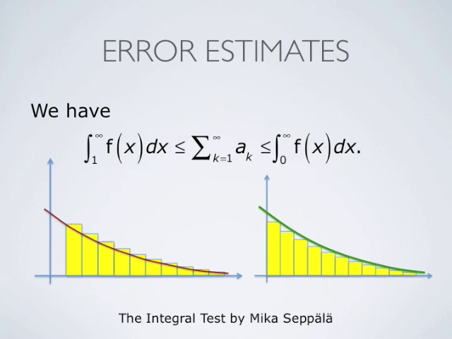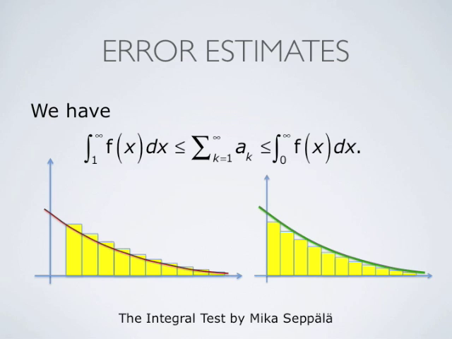This double inequality is illustrated by these two pictures below. Now this can be generalized, and we can start the summation, instead of from 1, from any positive integer m.